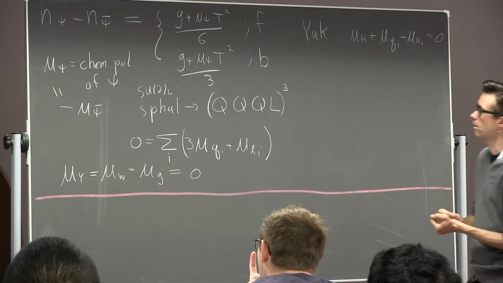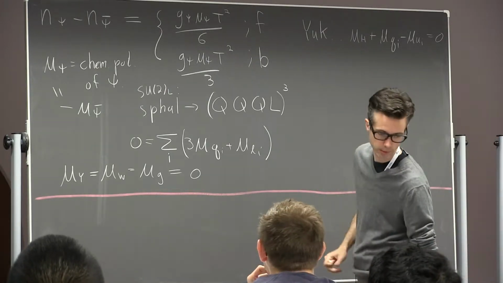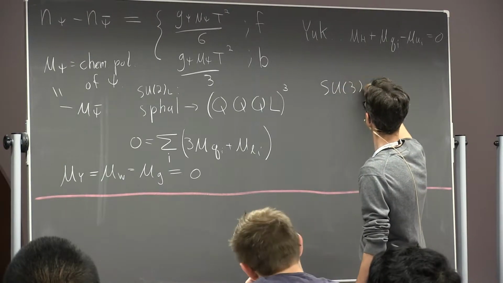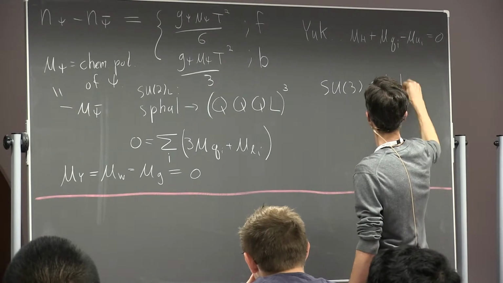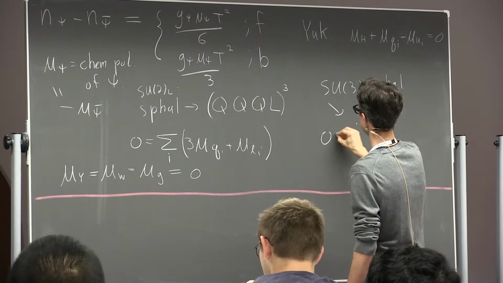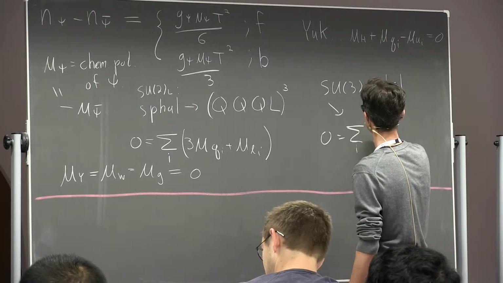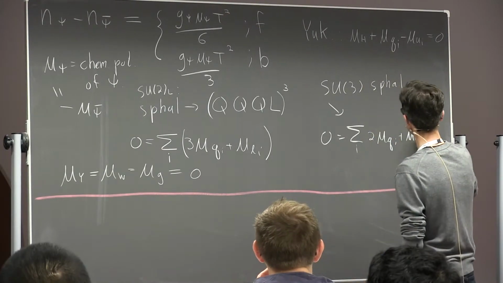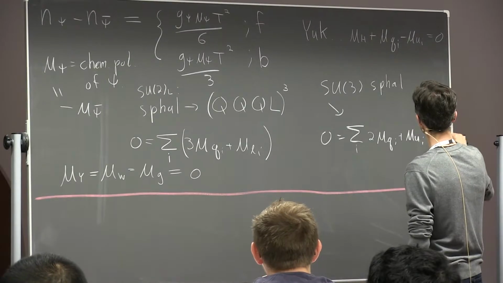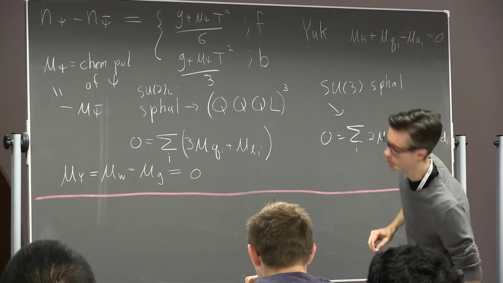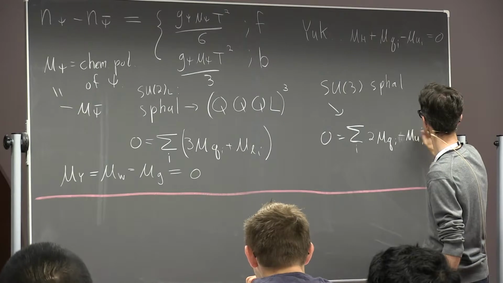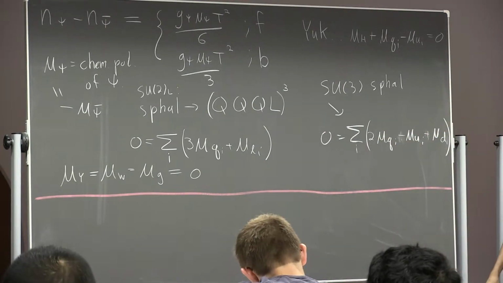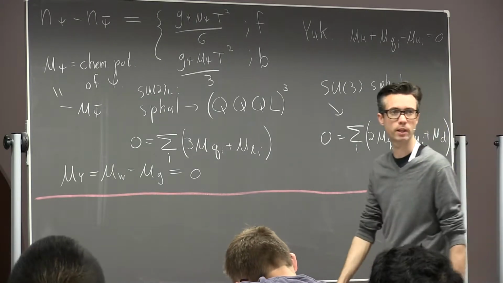And that gives me an additional relation between chemical potentials: zero is the sum over all the generations of 2 mu qi plus mu ui plus mu di. And sorry, there's a minus sign here.